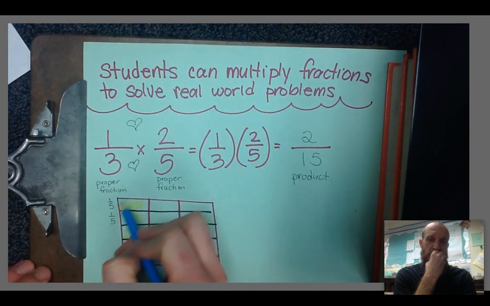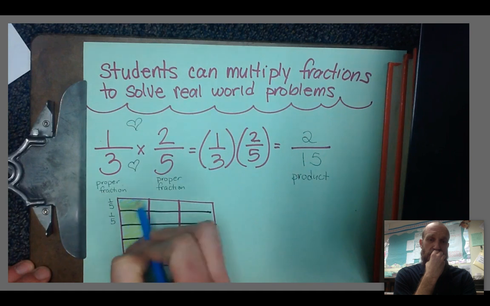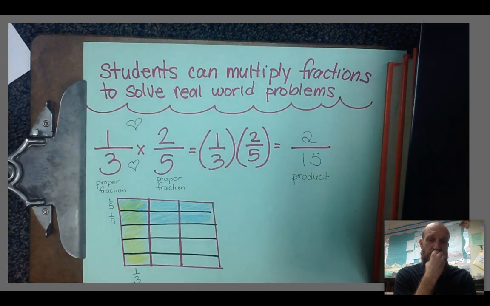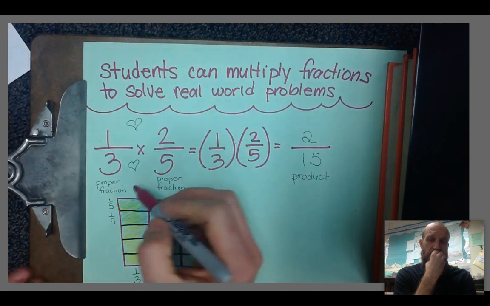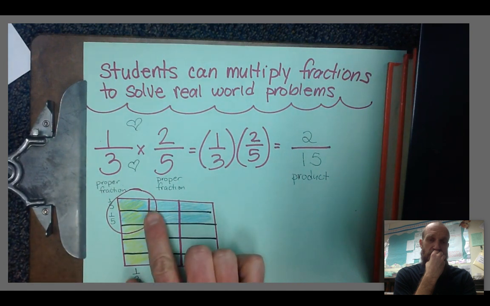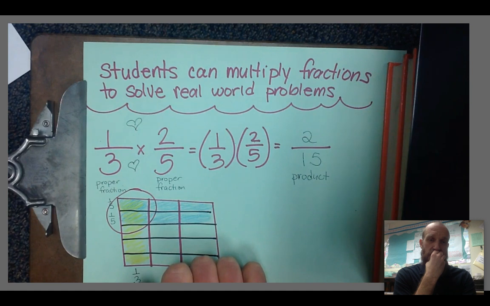To represent that, I'm going to double shade this part here. So where the two shaded regions overlap represents the amount of my brownies that have both sprinkles and frosting.